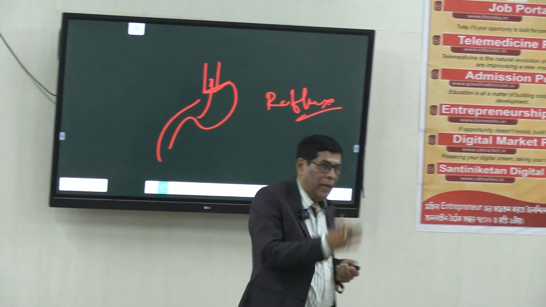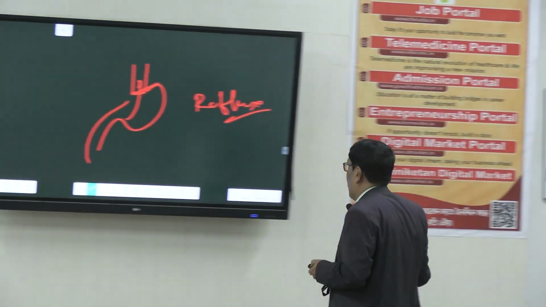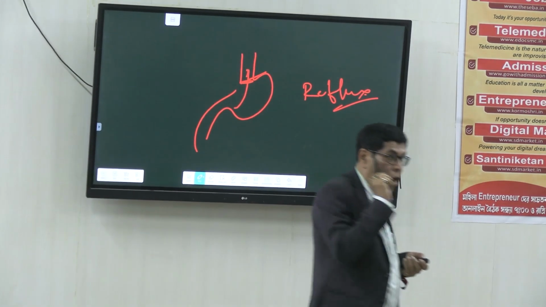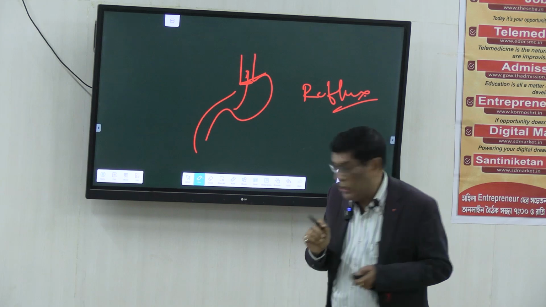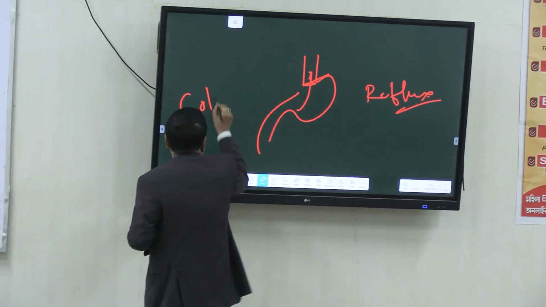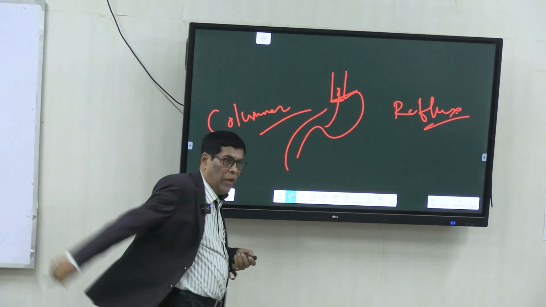Okay. So what will happen? Hydrochloric acid is refluxed back into the lower esophagus. So there may be some change in the squamous epithelium of your lower end of the esophagus. This will become columnar epithelium. You know what is columnar epithelium and squamous epithelium? We will gradually know.